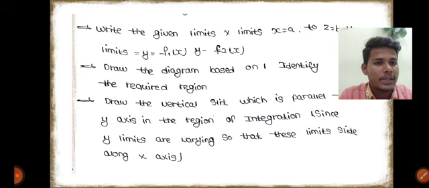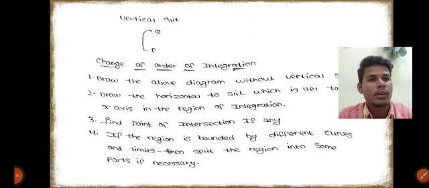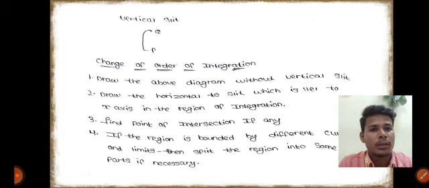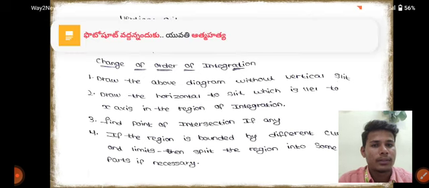Since the y limits are varying, the slit slides along the x-axis. This is the vertical slit PQ. For the change of order of integration, the fourth point: draw the above diagram without the vertical slit. Draw the horizontal slit, which is parallel to the x-axis, in the region of integration. Find the point of intersection, if any.